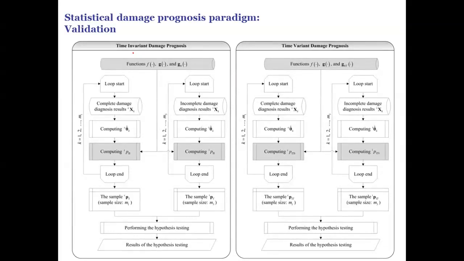So we have a time invariant damage prognosis scheme and a time variant scheme. By the way, in the previous 3 examples, I illustrated the first two belong to the time invariant damage prognosis. The last one, the reinforced concrete system, is actually the time variant scheme.